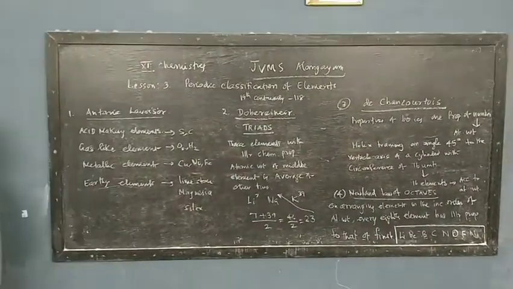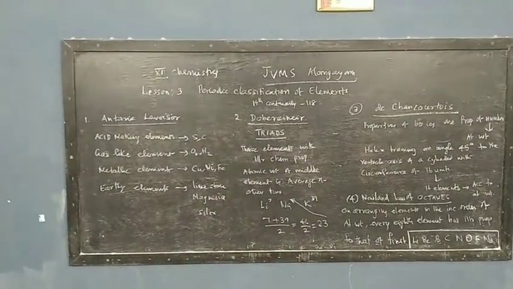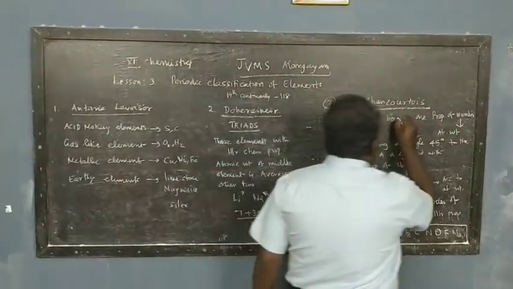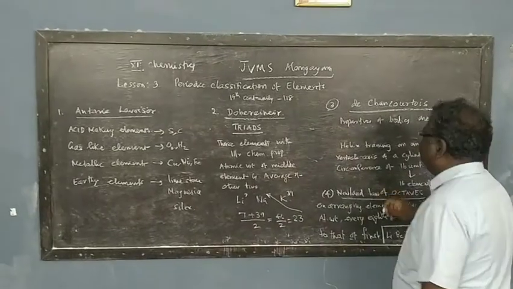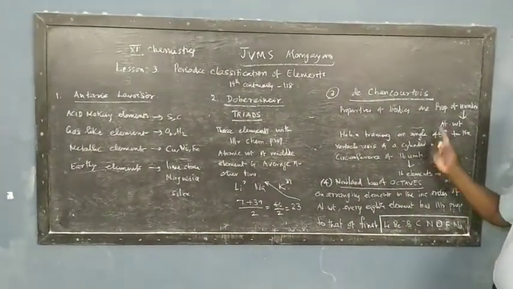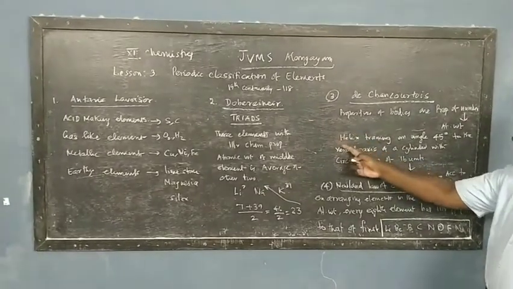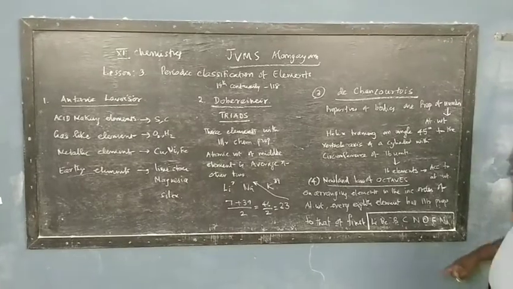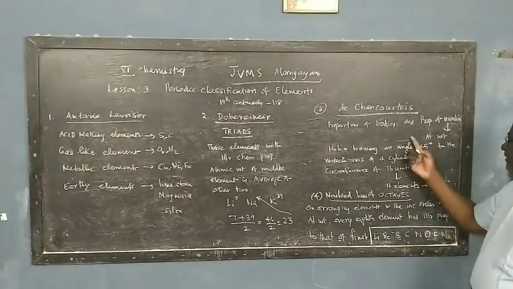So numbers are deciding the properties of the bodies, meaning the substances, right? So this is the study made by Chancourtois.